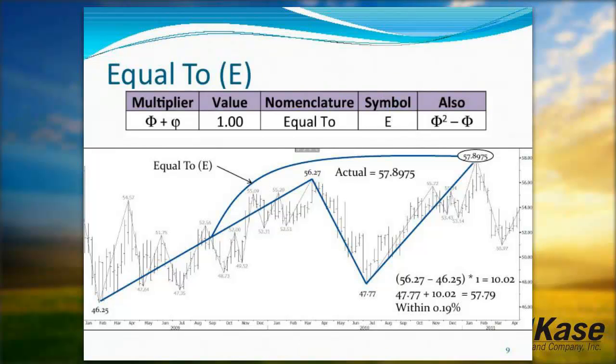That gives us a value, and then we multiply that by the factor of 1, because here we're looking at the equal to target, and that gives us a value of 10.02. If we add that to our Z, 47.77, that gives us a projection of 57.79. The actual swing high here was right around 57.90, and so that's within 0.19%. Again, very, very close before we had a significant pullback.